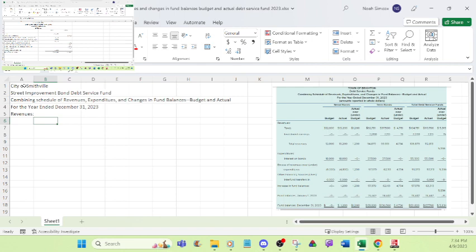There's only one type of revenue here. We actually have to do budget and actual.